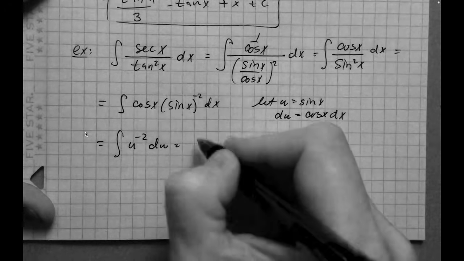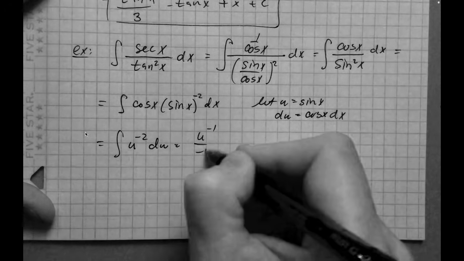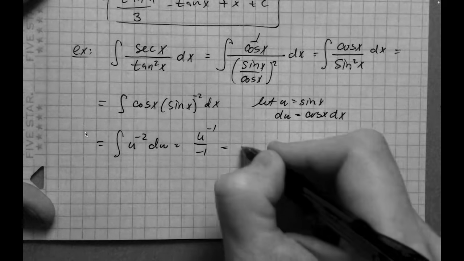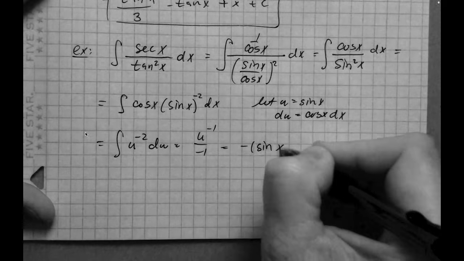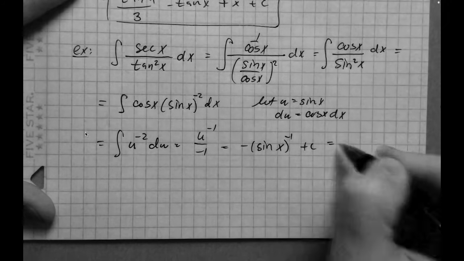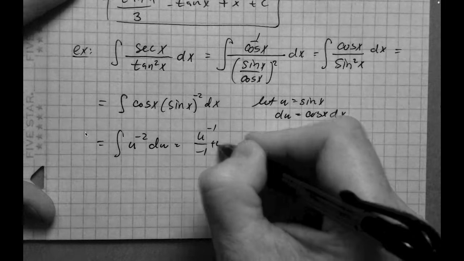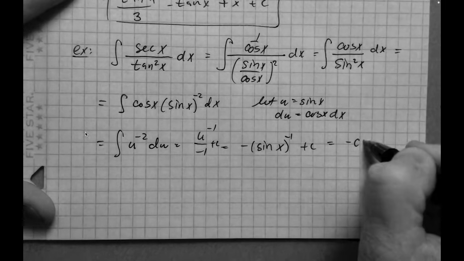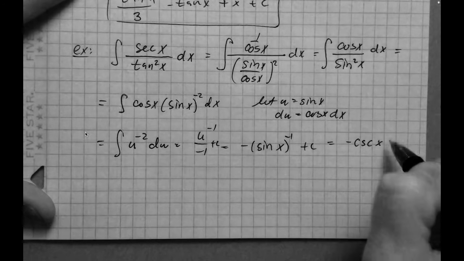We can integrate that: u to the negative 1 over negative 1. And so this integral is negative sine of x to the negative 1 power plus c. So this basically becomes negative cosecant of x plus c, doesn't it?